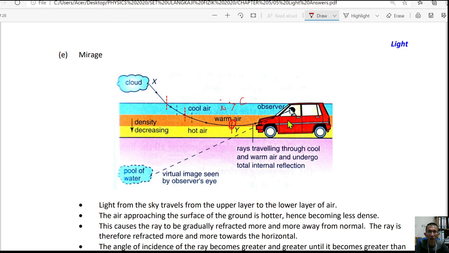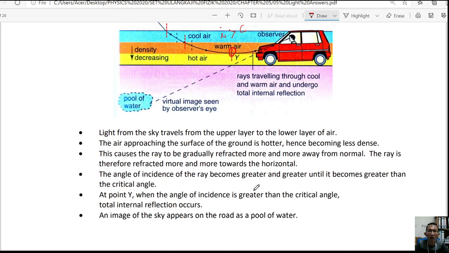So the density decreases. The ray will be gradually refracted more and more away from normal. Meaning to say that the ray is now moving towards the horizontal, until the angle of incidence becomes greater and greater until it becomes greater than the critical angle.